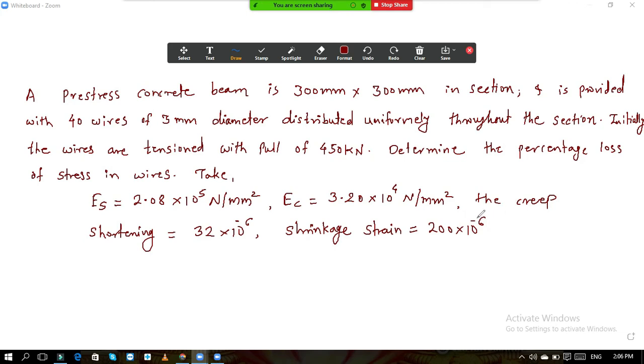Okay. Sometimes they don't give you this value and they mention in the problem that it is a pre-tensioned member or post-tensioned member. Accordingly, you have to take this.